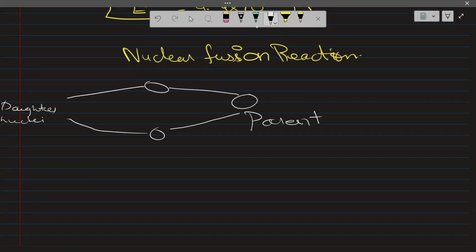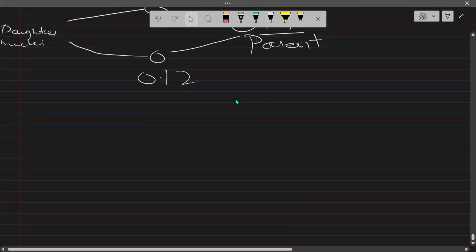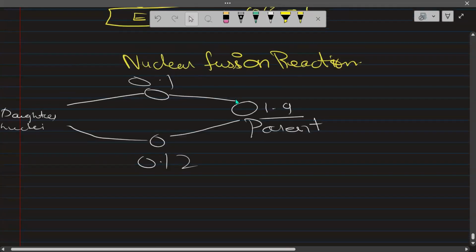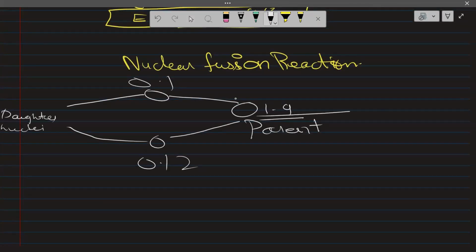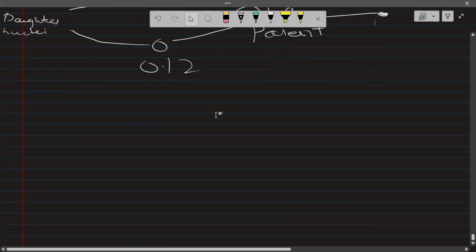Suppose this has 0.1 gram mass and this has 0.12 gram, but the parent nucleus formed has 0.19 gram. So in this also, some of the mass is converted into energy. And from this, one neutron is also formed. When they both join, one neutron is formed and the parent nucleus is formed.